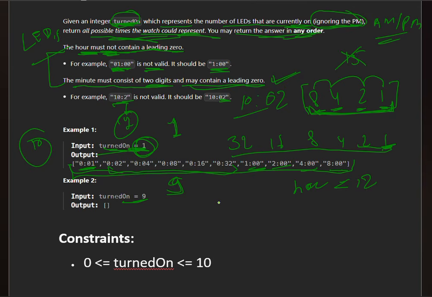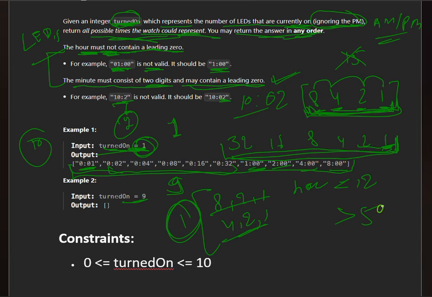So what we can do is either turn off the 8 or the 4. Then here, how many are left? 6. So we have to turn on all these 6 bits, but their sum is greater than 59. So it is violating our minute condition. So it is not possible to make any valid time using 9 bits. That's why our answer is empty here. And if you see the constraints, turnedOn can be up to 10.